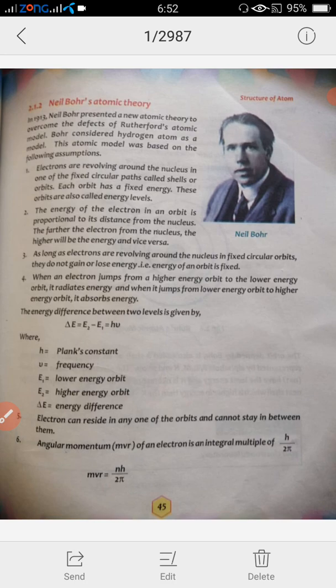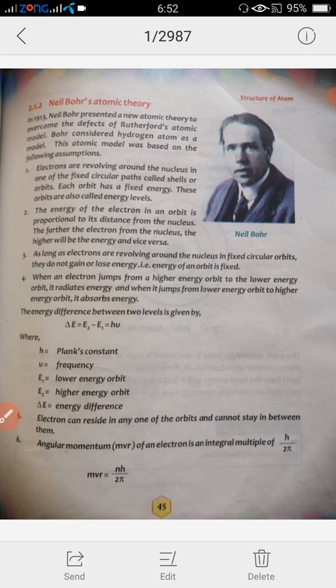And the fourth one was that Rutherford's atomic theory does not provide any explanation about the chemical properties of the elements. So to overcome these defects, Niels Bohr presented his theory of atom, which is known as Niels Bohr's atomic theory.